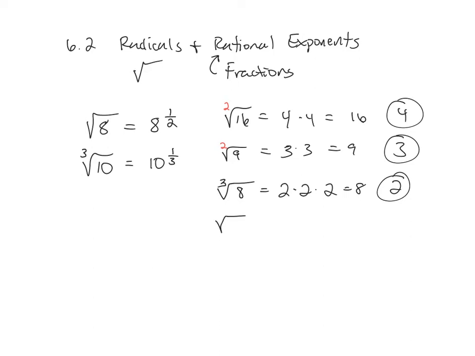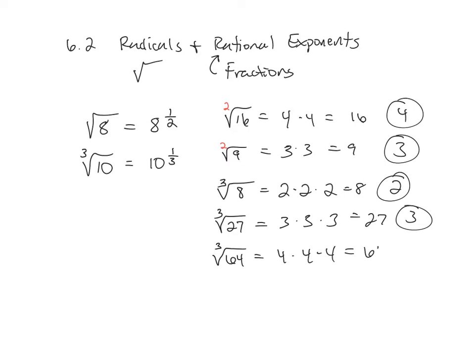Or what times what times what is 27. Okay, so you could keep going with this third root stuff. So if I did 64, that's 4 times 4 times 4. 4 times 4 is 16. 16 times 4 is 64.